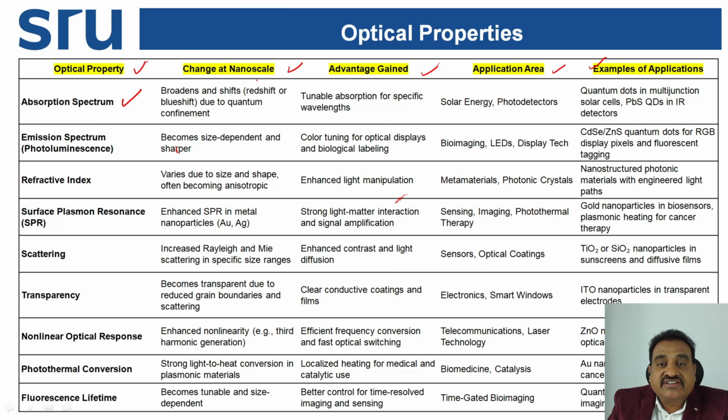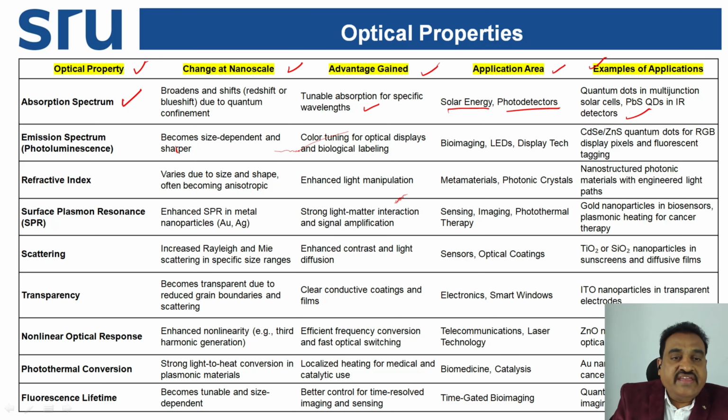These are the changes at nanoscale. Tunable absorption for specific wavelengths is the advantage gained here. So these are used in solar energy and photodetectors. What are the examples you can see? Quantum dots in multi-junction solar cells, PbS quantum dots in IR detectors.